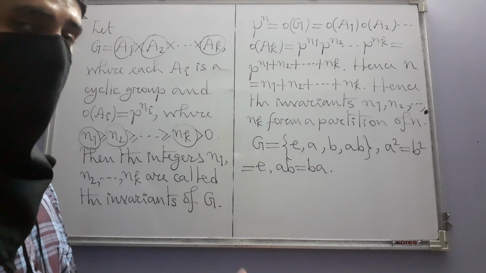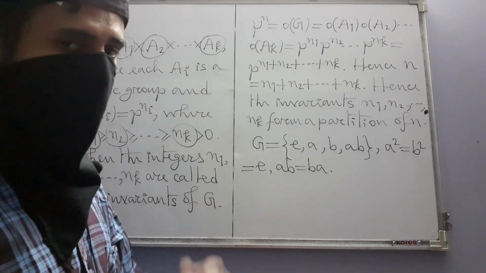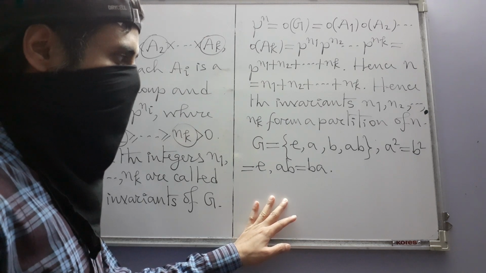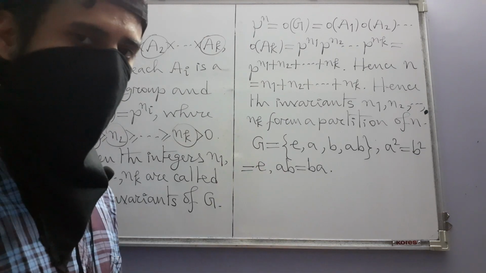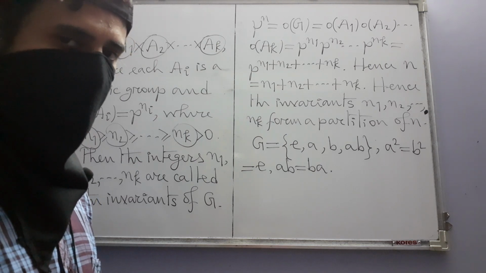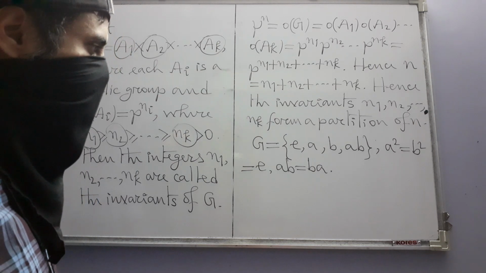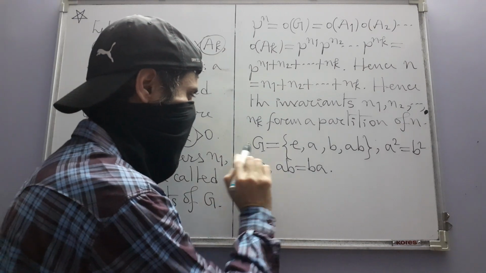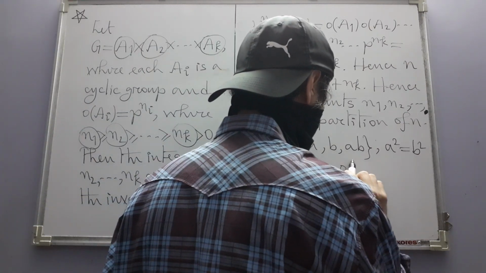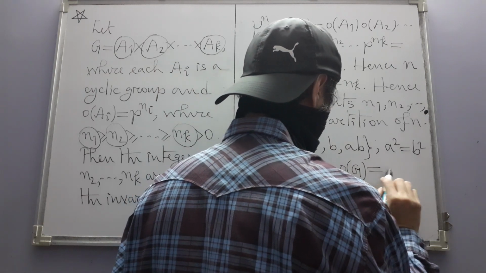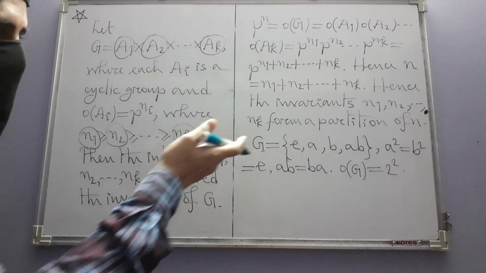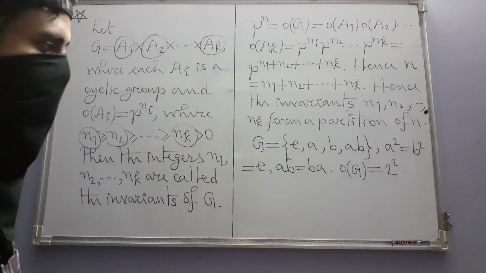And it's abelian because it has order 4. Any group of order up to 5 is necessarily abelian. Non-abelian groups start only from order 6. And this is a finite abelian group then. And what is its order? 2 squared, which is of the form p to the power n. Here p and n are both 2.